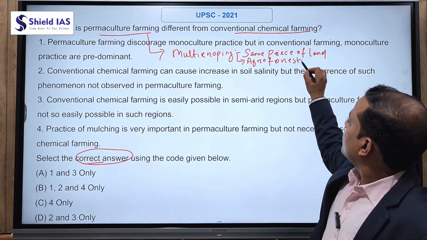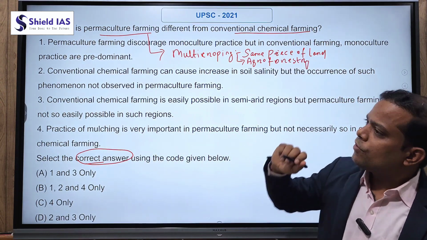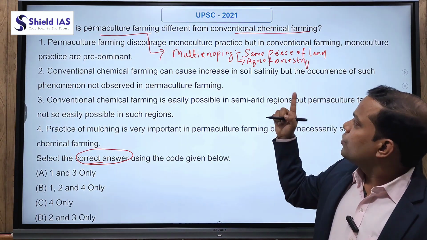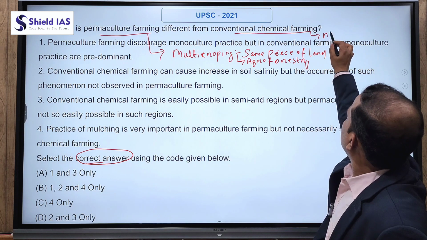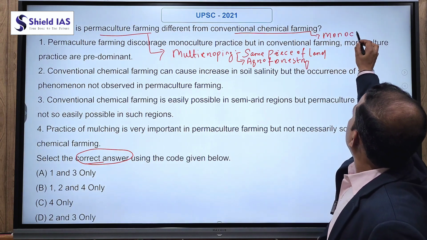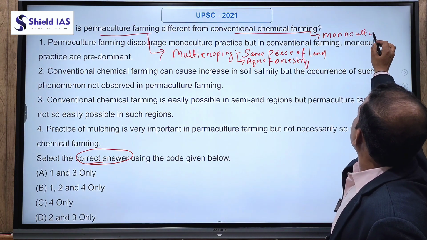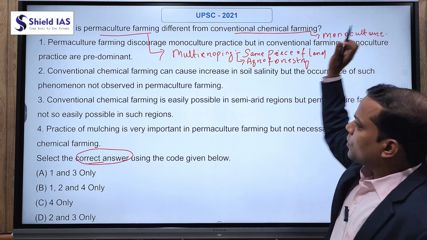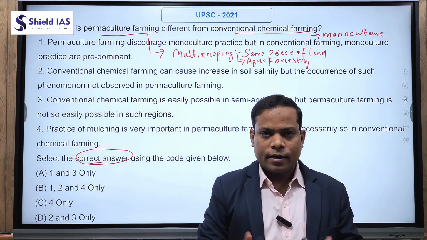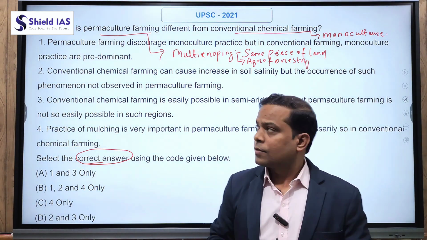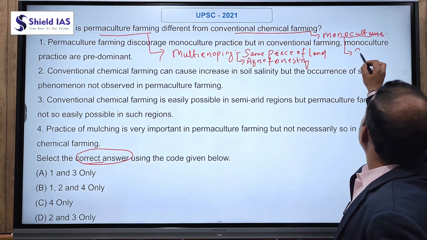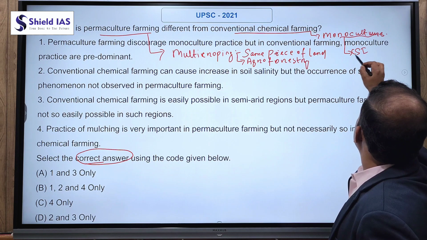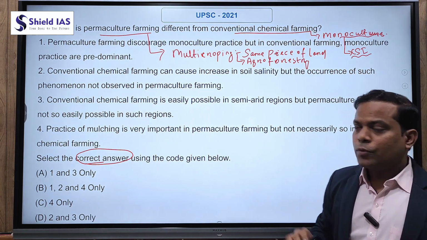The second thing is, when we talk about chemical farming, it is more suitable for monoculture. Monoculture is a practice through which farmers grow only one crop on the same piece of land year after year. Why? Because monoculture requires some crop-specific inputs. And what are the crop-specific inputs?